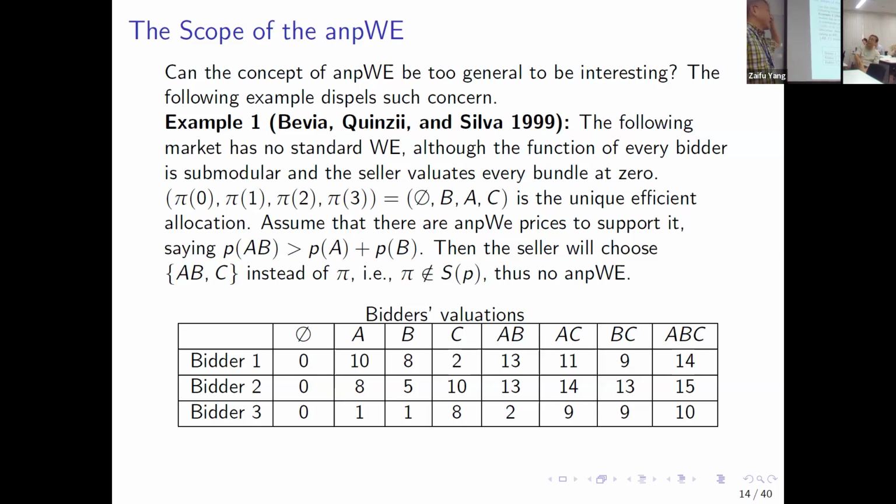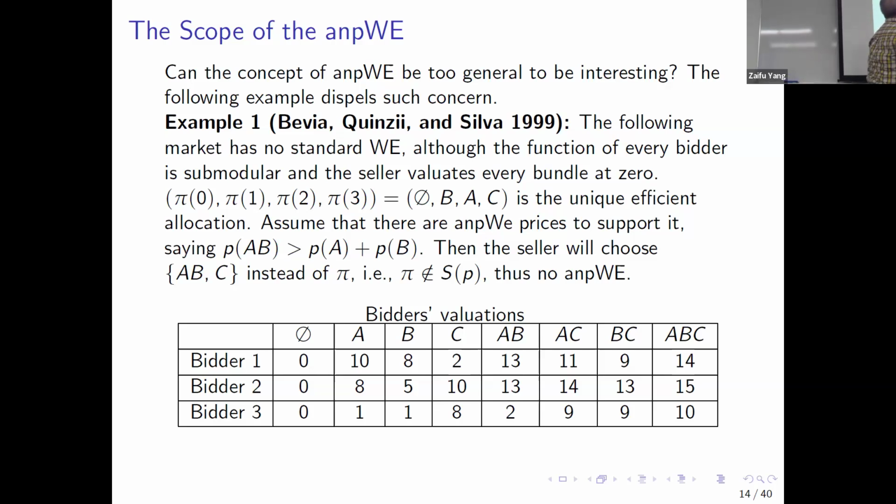So what I can claim for this example is that you don't even have anonymous nonlinear variation equilibrium prices to support this unique outcome. Why? Suppose we have a bundle package price.